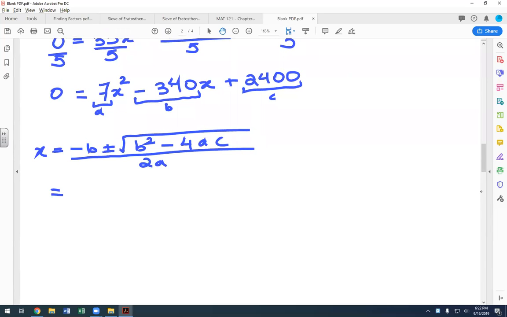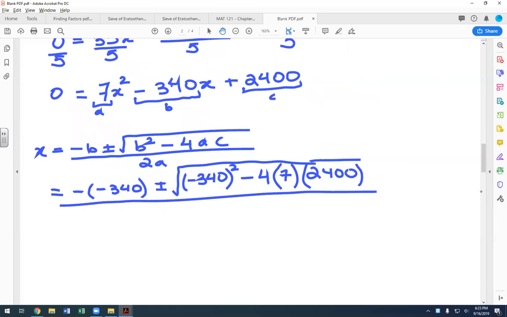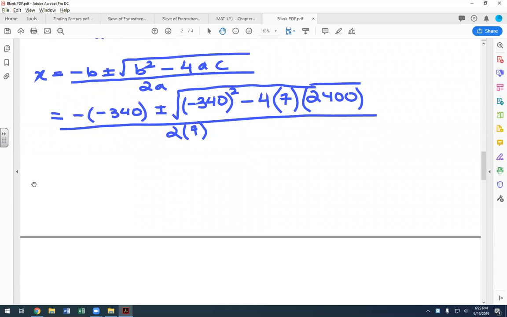Your b has a negative, which means you should have 2 negatives at the beginning: negative negative 340, plus or minus, under our square root we will have negative 340 squared minus 4 times a, which is 7, times c, which is 2400, the whole thing divided by 2 times 7. Let's clean it up and see what we end up getting.